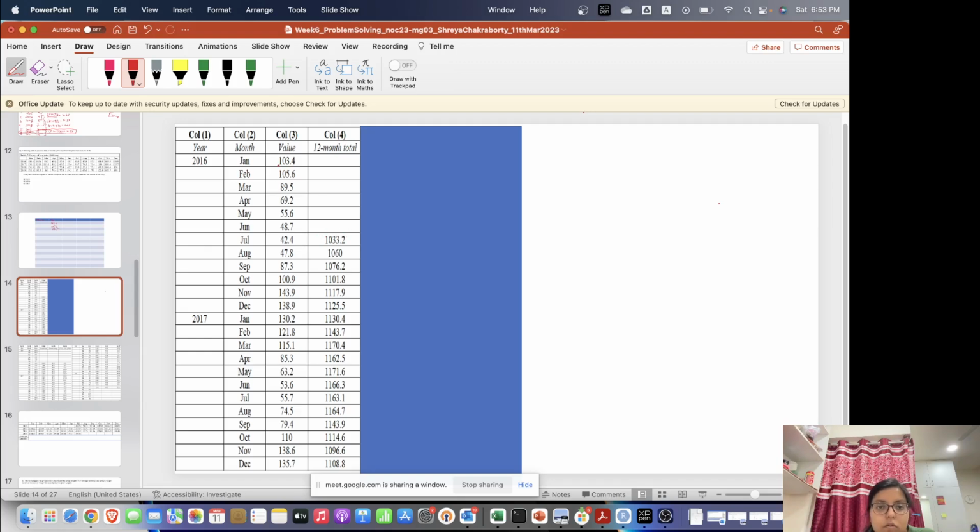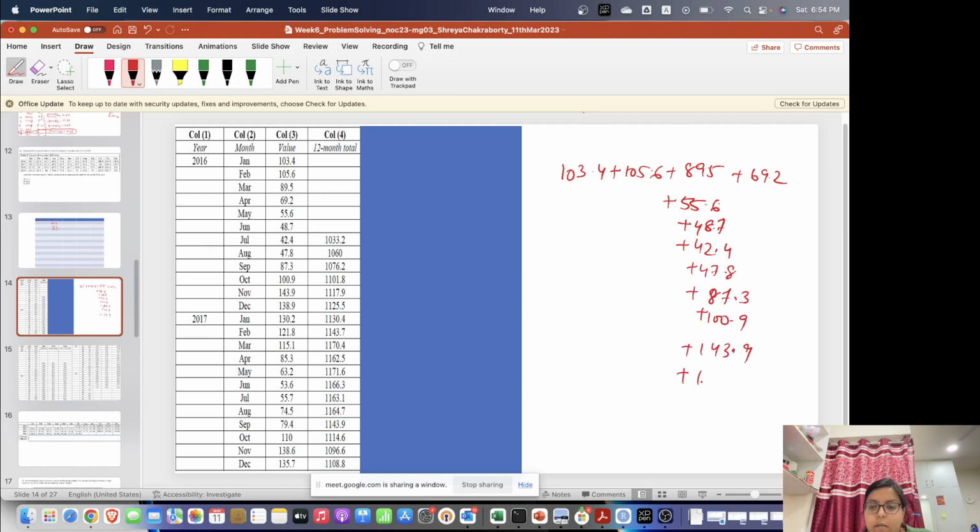Okay, so this value is 103.4 plus 105.6 plus 89.5 plus 69.2 plus 55.6 plus 48.7 plus 42.4 plus 47.8 plus 87.3 plus 100.9 plus 143.9 plus 138.9.